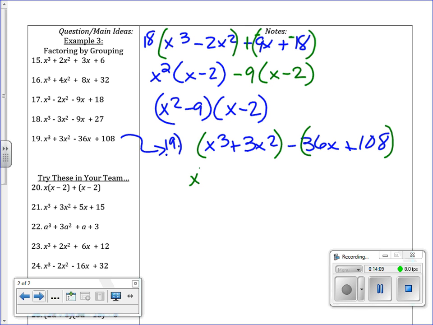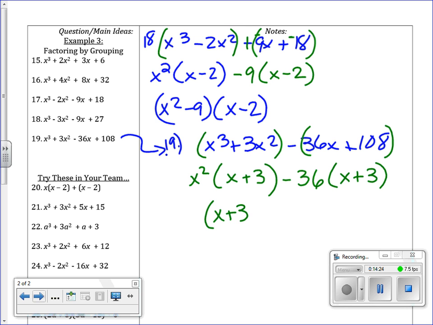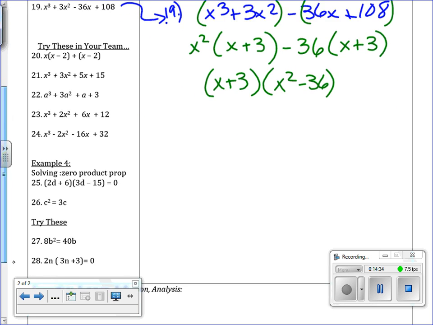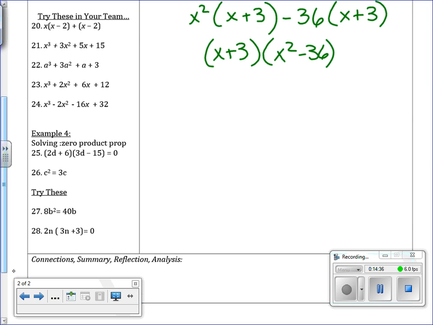I have x squared times x plus 3, and I'll leave my minus sign and I'll have 36 times x plus 3. So we have x plus 3 times x squared minus 36. All right, go ahead and try the next set of questions on your own and see how you do on those. Pause the video if you need to.